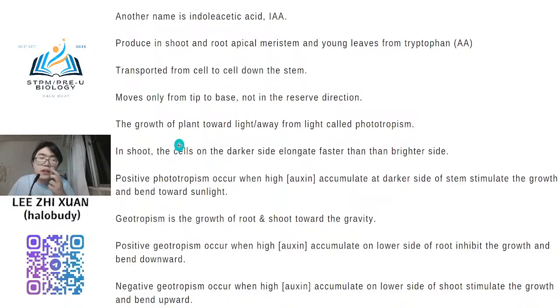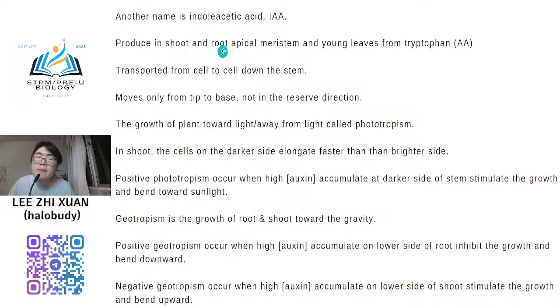Normally auxin is produced in the apical meristematic cells. If you still remember in biology semester 1 you learned about the meristematic tissue, which is located at the bud of the shoot or root.